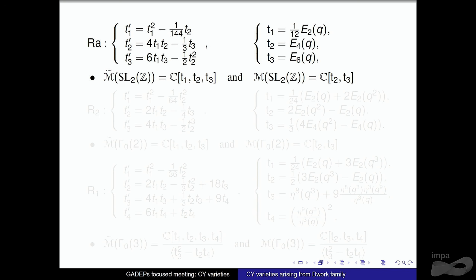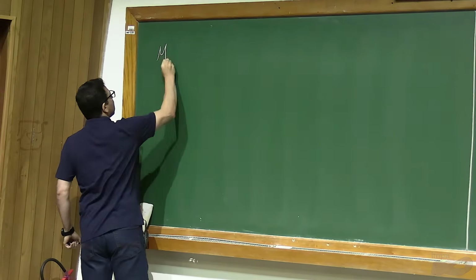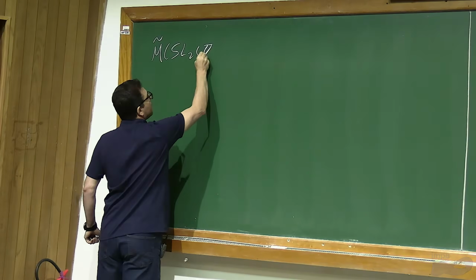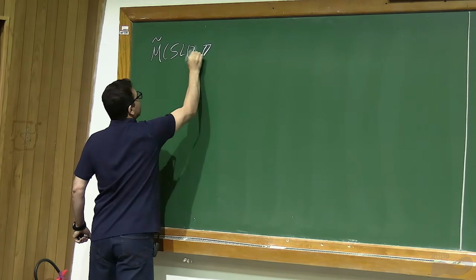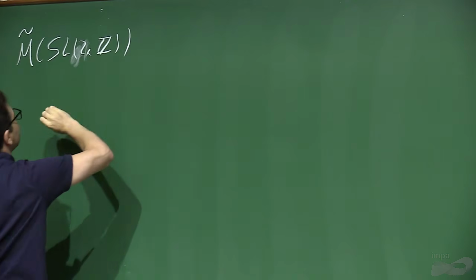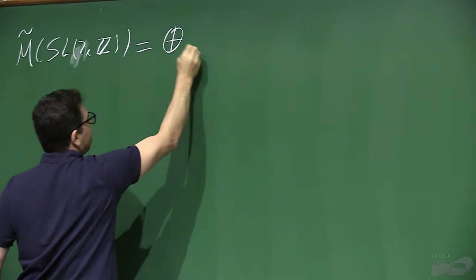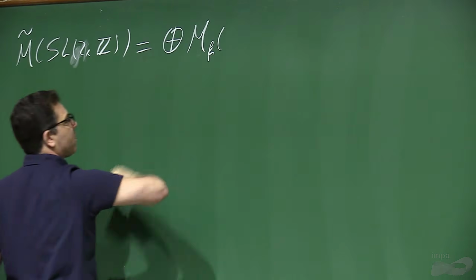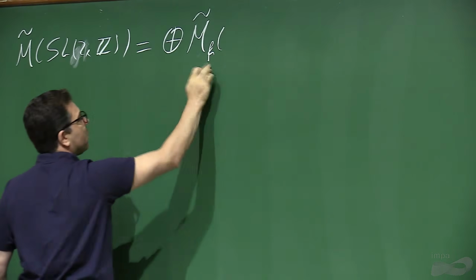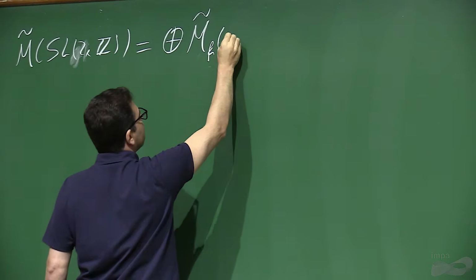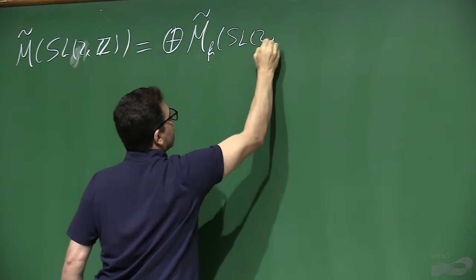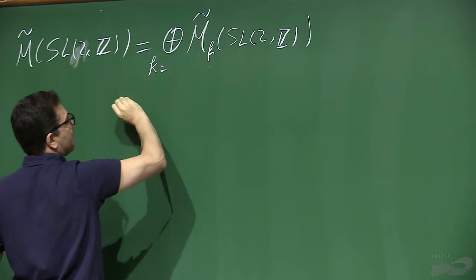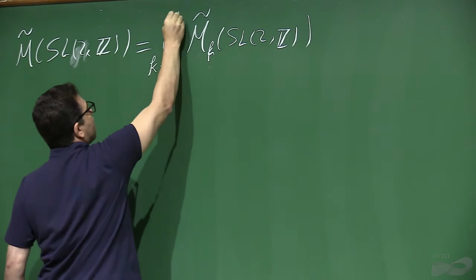In fact, the space of quasi-modular forms for SL2(Z) is a graded algebra, the direct sum of the spaces of quasi-modular forms of weight k for SL2(Z), k from 0 to infinity.